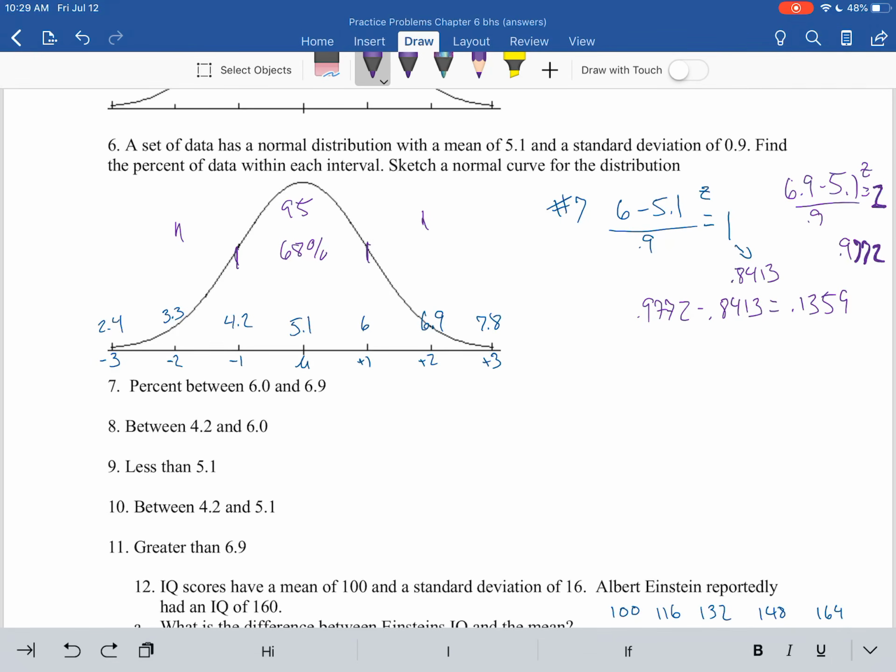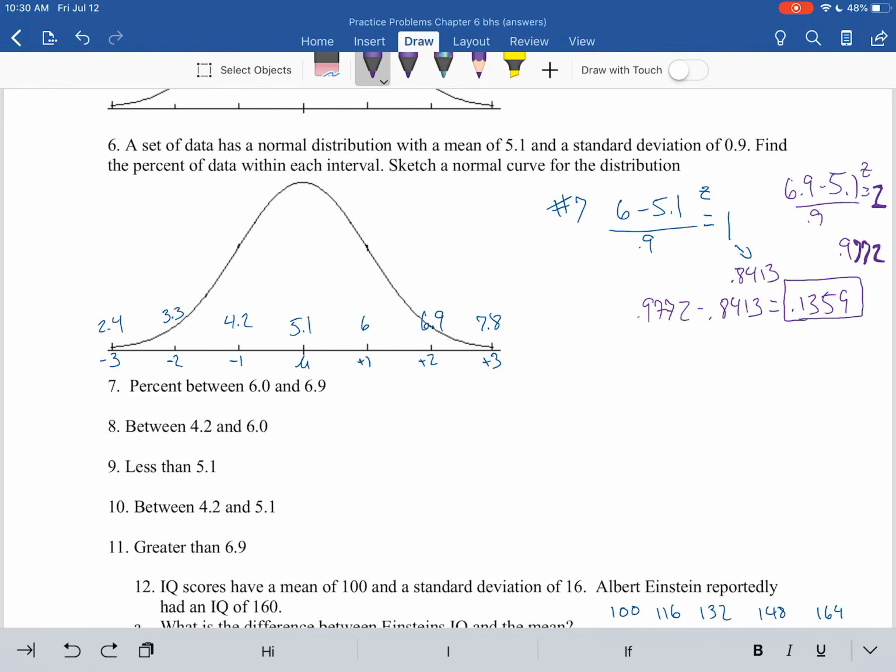Well, if you know from -1 to 1 is 68, if you divide that in half, there's 34 on each side. And if you were to actually keep breaking this down, you'll see that this is 13.5%, which is what we got over here. So if you know these rules, you can get a good estimator of what the area should be between.